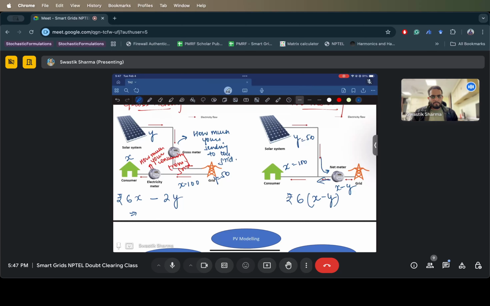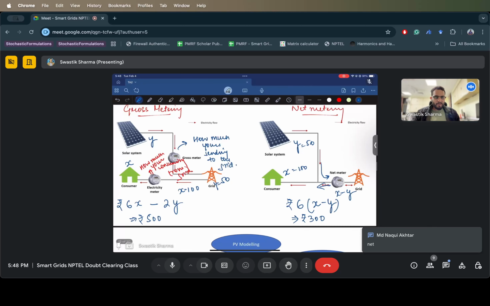So what will this net metering value be? 300. And what will this gross metering value be? 500. So in which case is your bill less? Net metering, right?